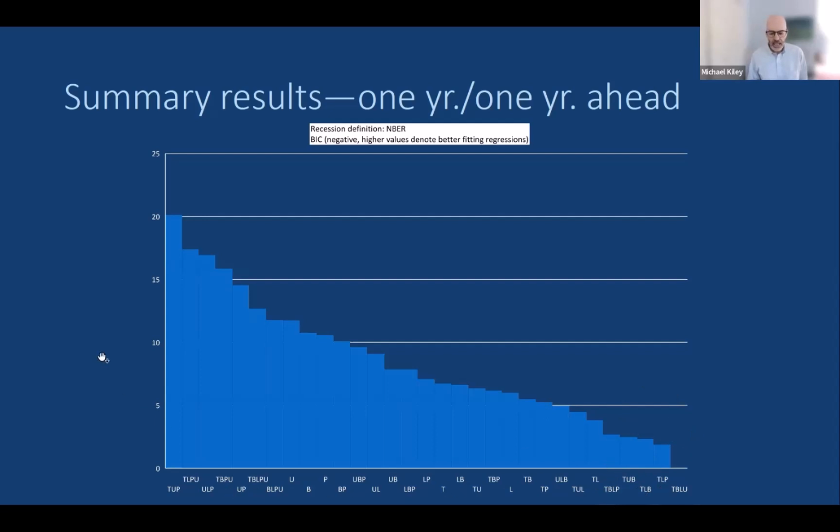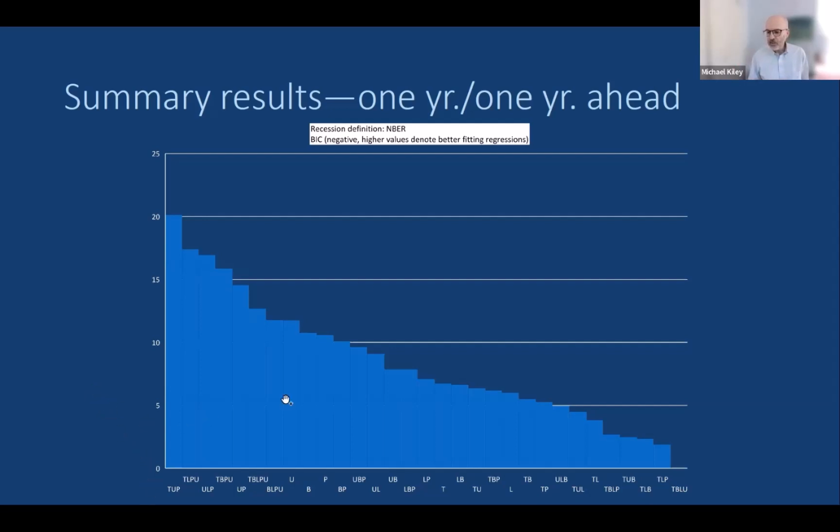But if one looks at the best fitting models for predicting a recession at a 1 year ahead horizon, what one sees is that in the top 5 best fitting models, the unemployment rate and inflation always enter. So if one is interested in predicting a recession at a longer horizon, the unemployment rate and inflation are key predictors. And the previous literature simply has not looked at those.